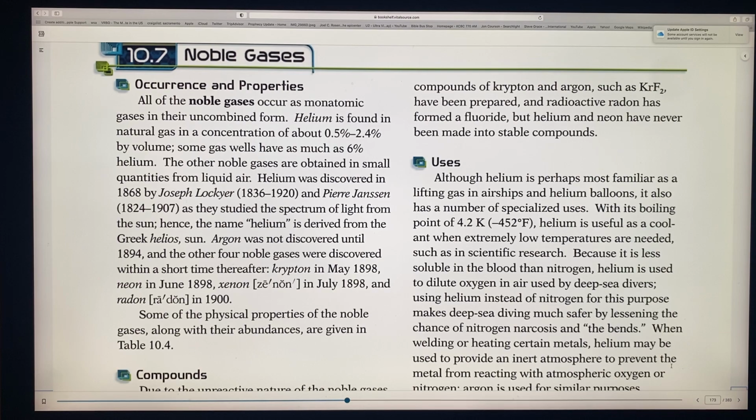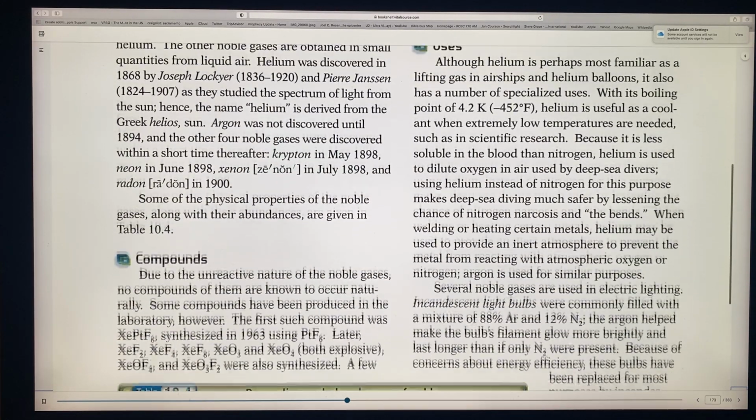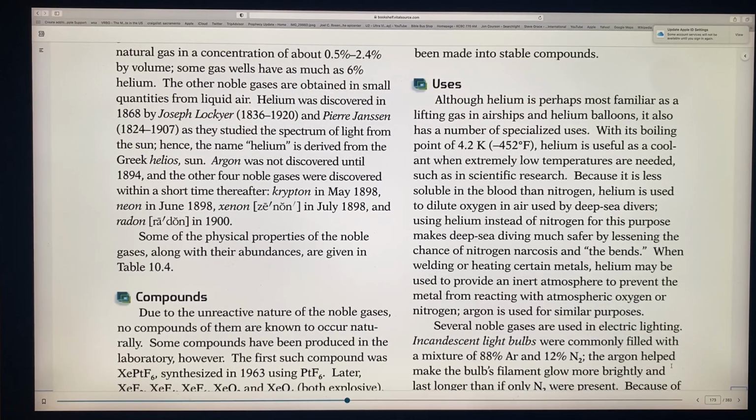So the uses. Let's talk about some of the uses, starting with helium. Helium is a lifting gas. You can put helium in balloons, and where will they go? Out into oblivion. It was used to lift airships, the huge blimps in the past. Because of its boiling point, helium can also be used as a coolant when extremely low temperatures are needed.